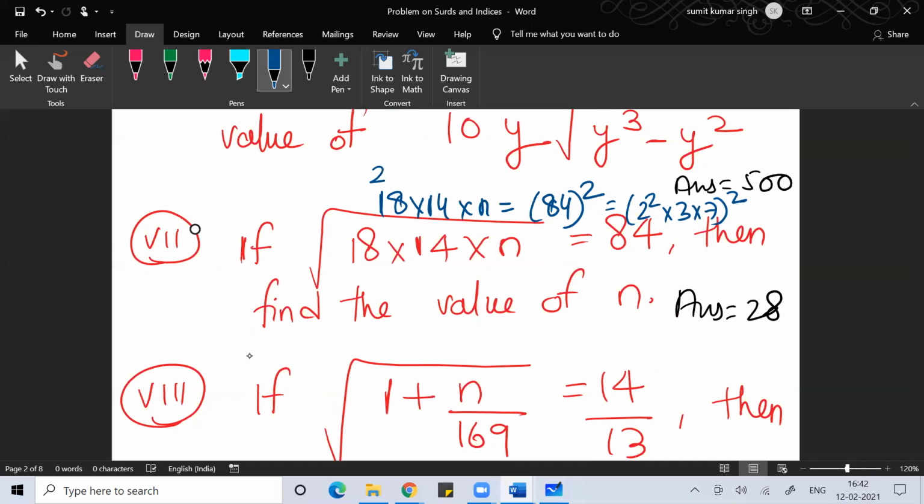You can solve this, you'll get the answer. Clear, everyone?